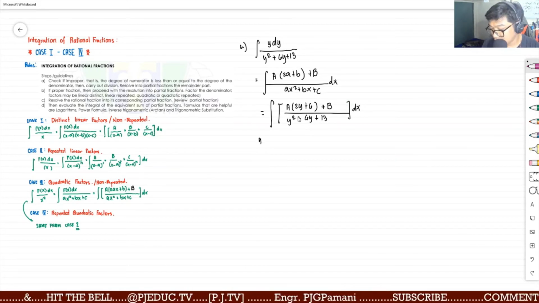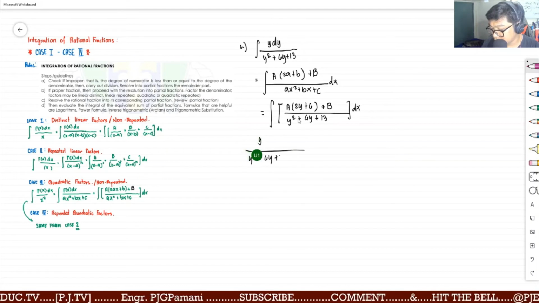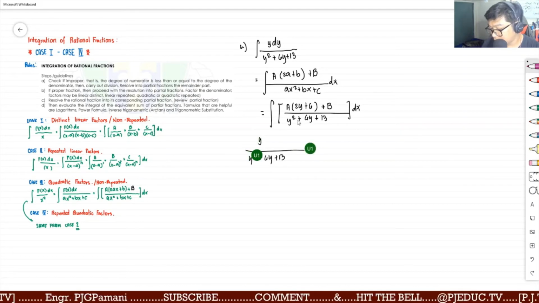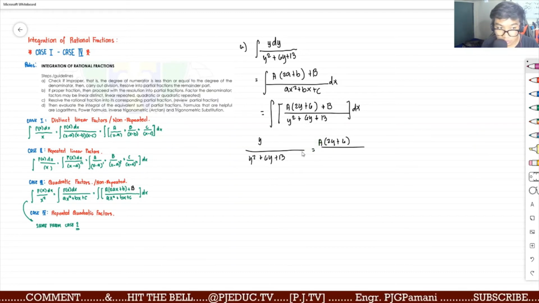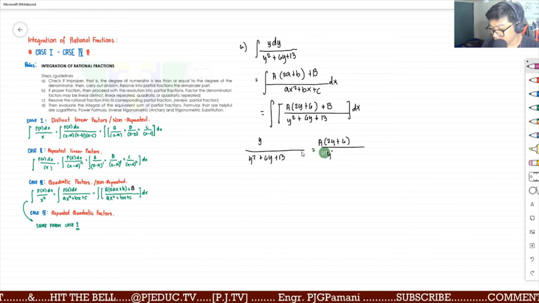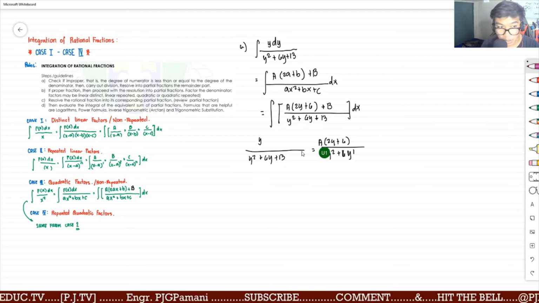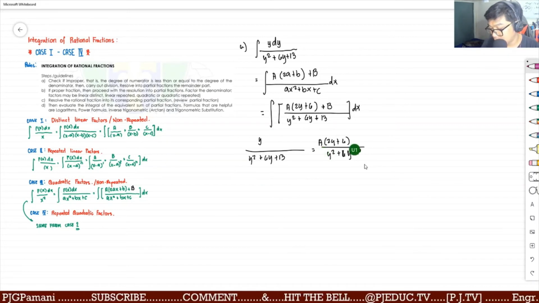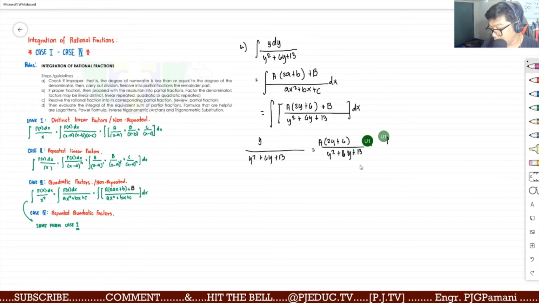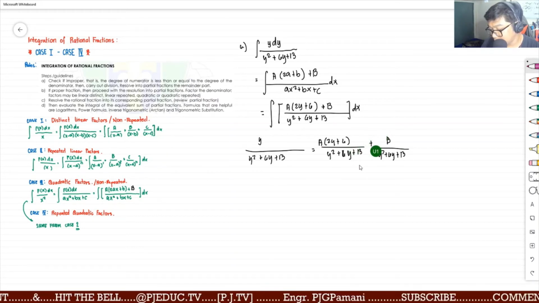That is y over y squared plus 6y plus 13 equal now to a of 2y plus 6 over y squared plus 6y plus 13 and plus b over y squared plus 6y plus 13.